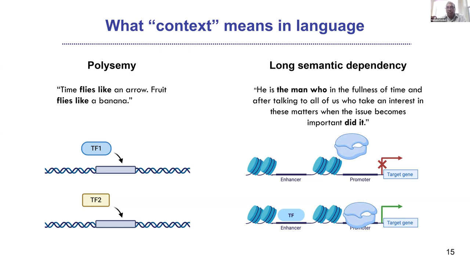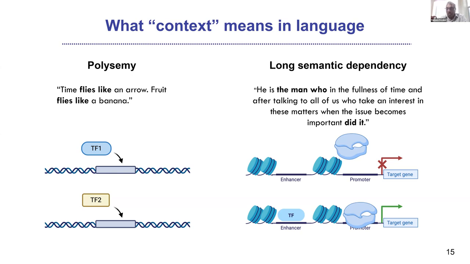For example, the man who, blah, blah, blah, important, did it. So the man who did it, there is a lot of explanation in between. It is like an enhancer way upstream, which may or may not be driving the transcription of a nearby gene. So this kind of language understanding can be captured in a computational model.